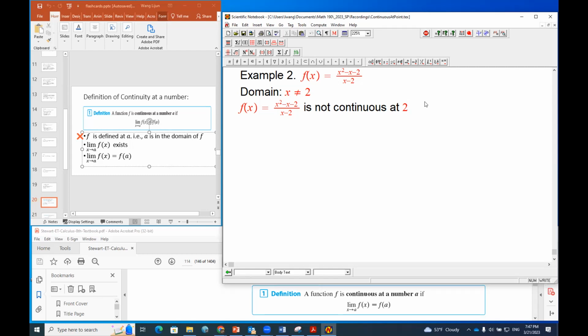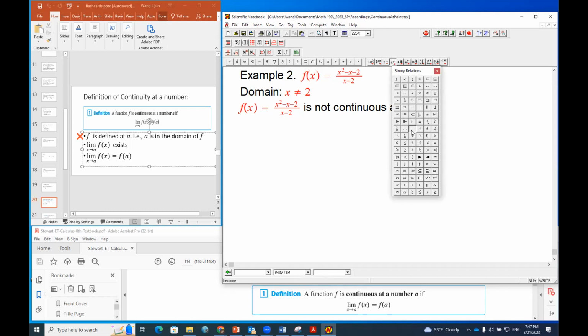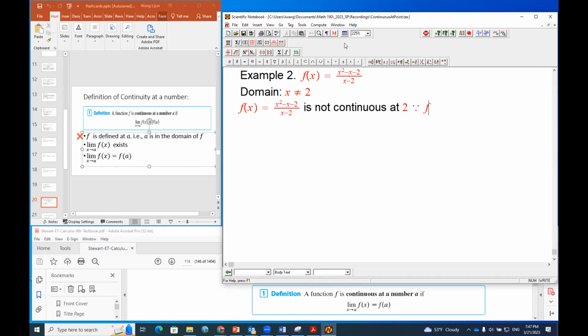No, there's no need. It's not defined at 2, thus it is not continuous at 2. If you want to say a reason, because f is not defined at 2. So it's very straightforward.